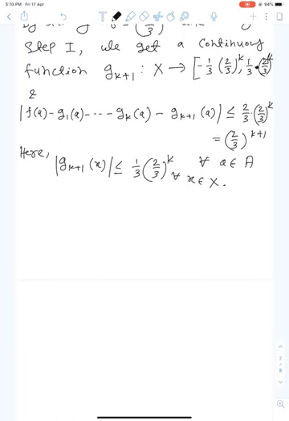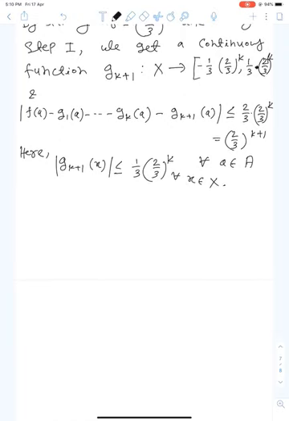So therefore the statement Sn is true for n equal to k plus 1.